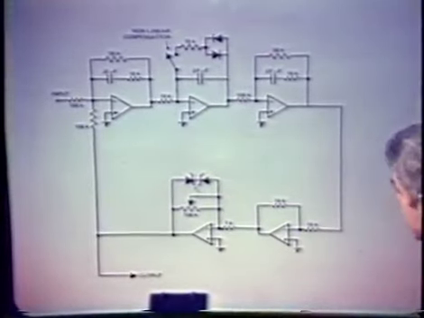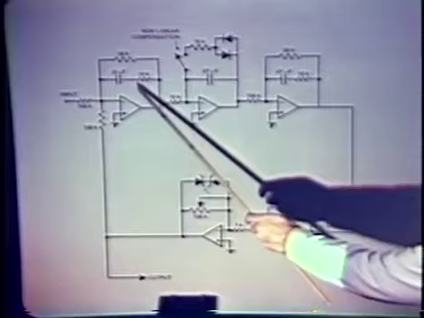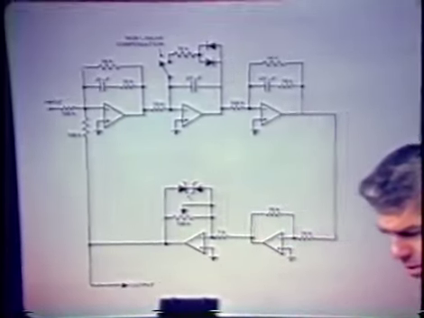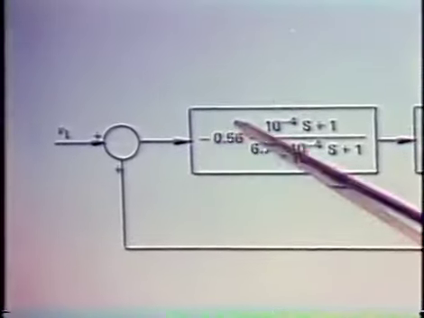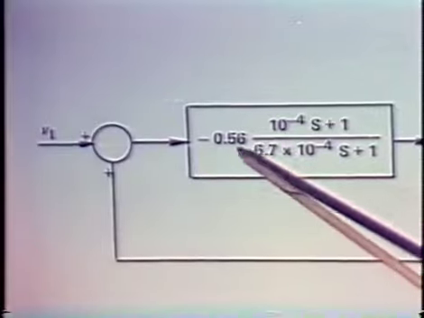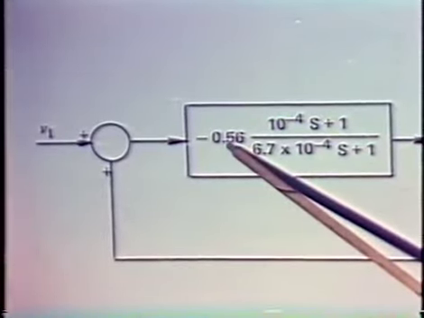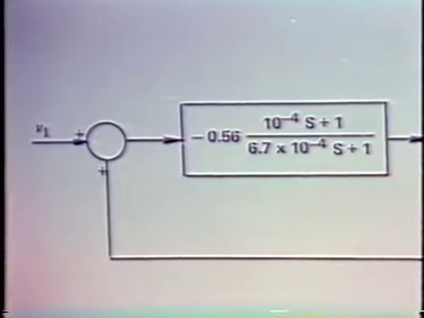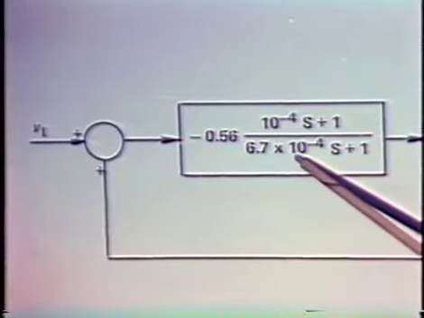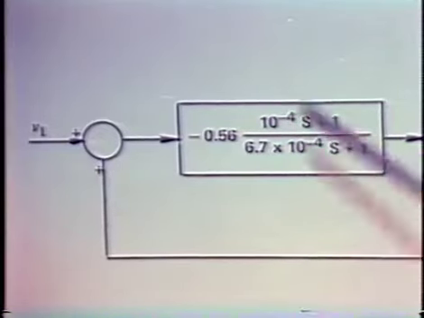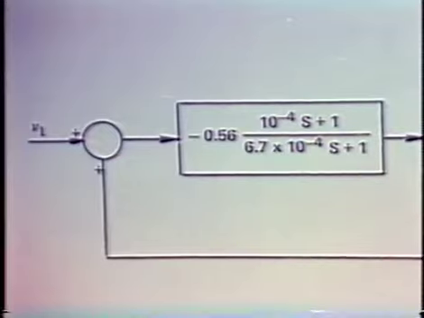The second element is one of our lag-type transfer functions. We see in the block diagram that the DC, low-frequency gain of that operational amplifier connection is 0.56, and then the pole-zero doublet has a pole located at the reciprocal of this value, 1.5 times 10 to the 3rd radians per second, with the zero at the higher frequency.